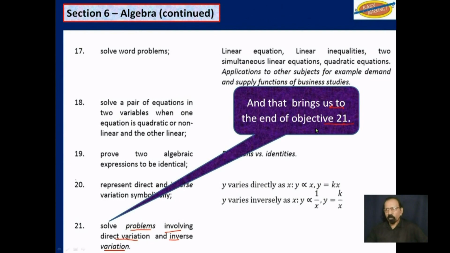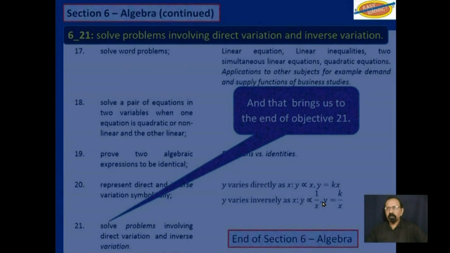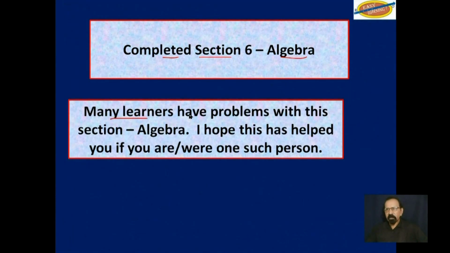And in objective 20, we actually looked at these two expressions here. So this brings us to the end of section 6, algebra. We have just completed section 6, algebra. Many learners have problems with this section, algebra.